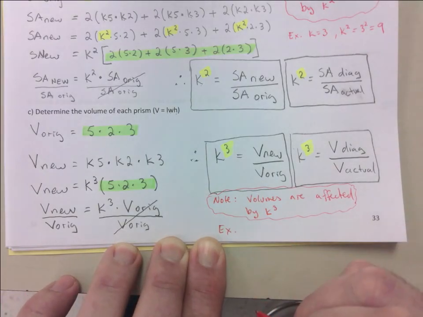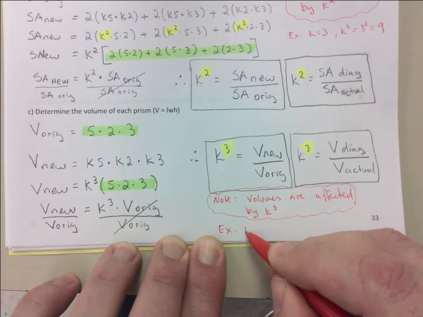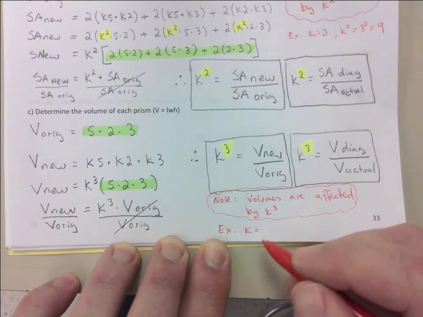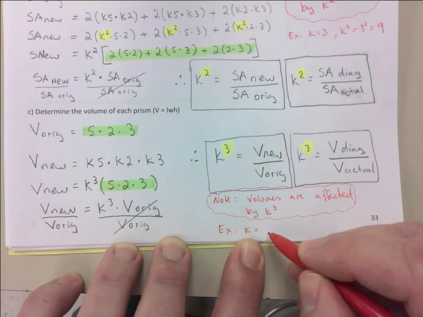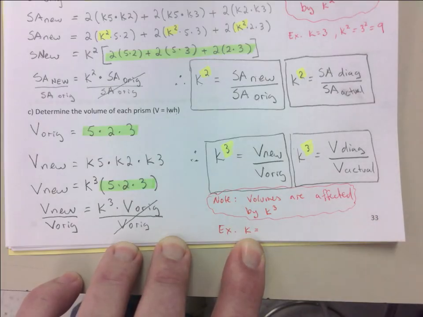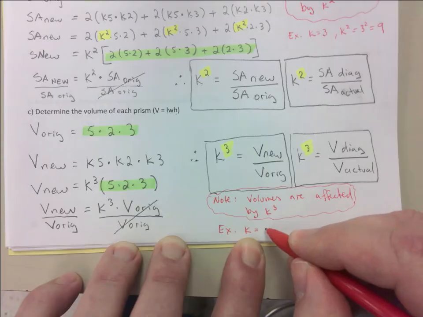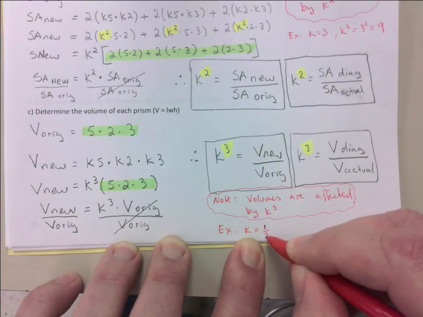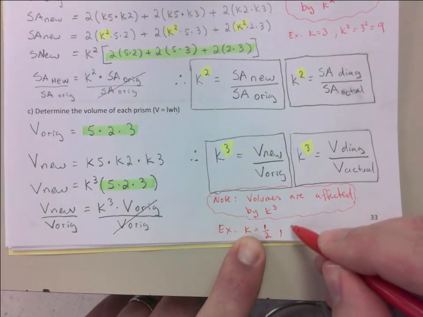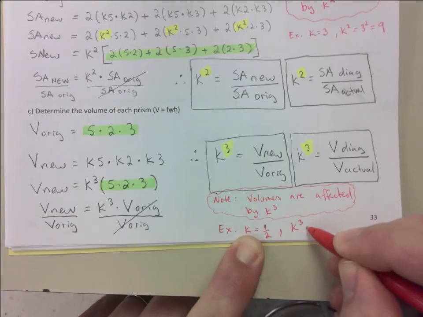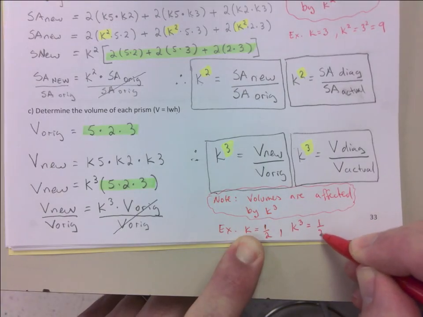Example, if K is equal to, what should I do here? Should I give you a decimal? Because it's not always going to be 3 or 4. Let's do this. If K is equal to 1/2, then K cubed is equal to 1/2 cubed.